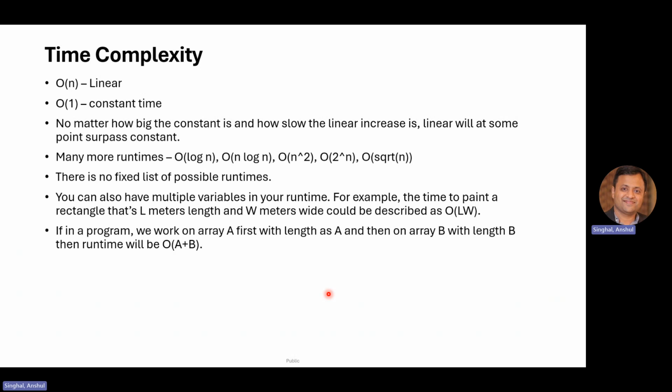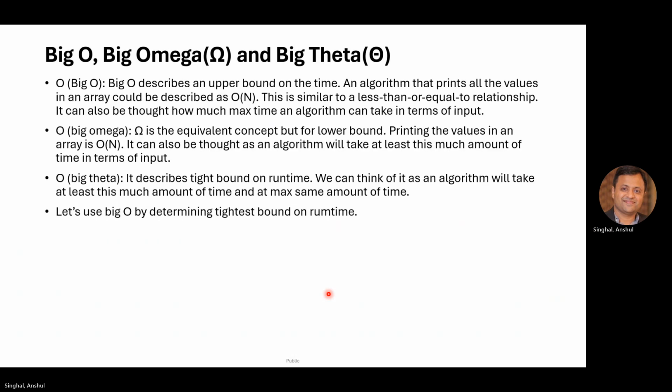And we also discussed that we can have multiple variables in our runtime and things like that. Then we had gone through big O, big omega, and big theta notation, what their meaning is.